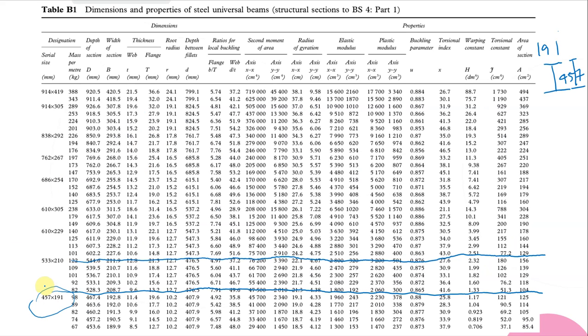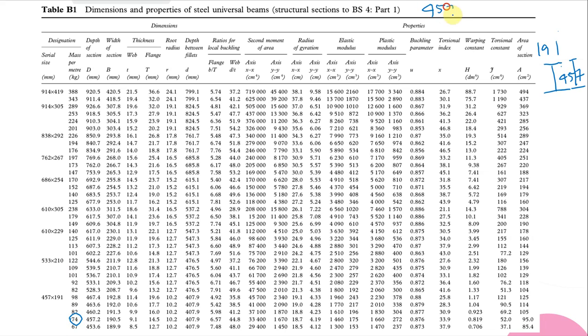So, how are you going to, for example, if you want to choose this beam, how do we write it? So, it is 457, 191, 74, UB. Okay, so we already know that this 74 is UB, which means universal beam.